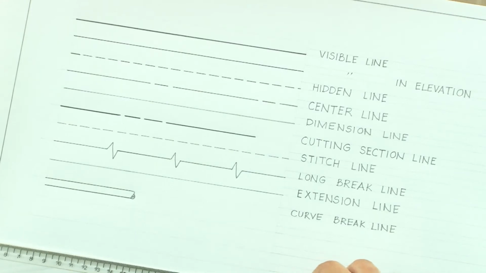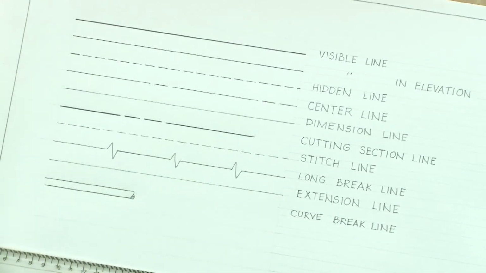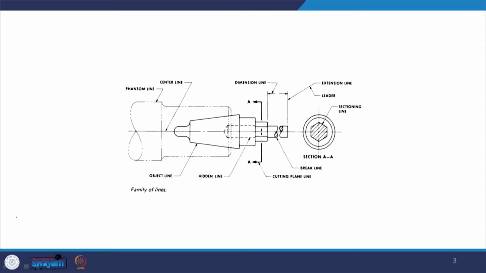There is another one which is called the phantom line, which we will see in the object. So, just consider this object which we are seeing on the screen. This is the main object in question. If you see here, this is the object line, which is a visible line. This is the darkest line here, so it means that this is the visible part of the object when we are drawing it.